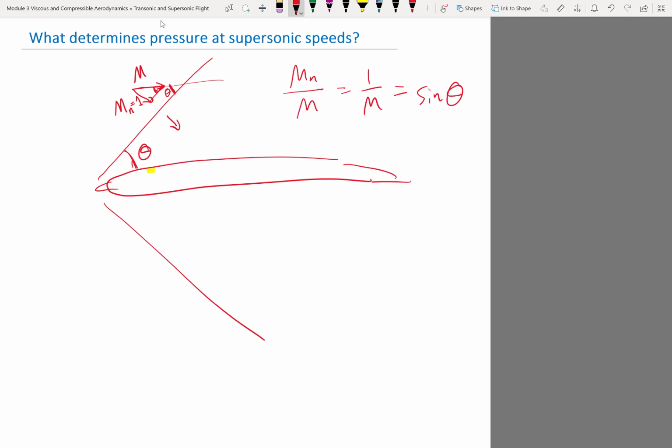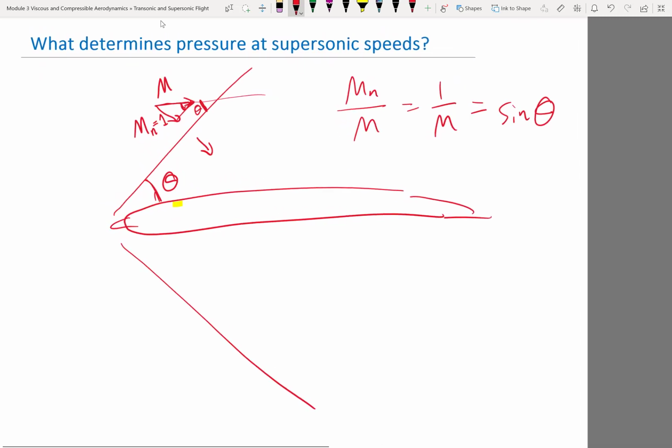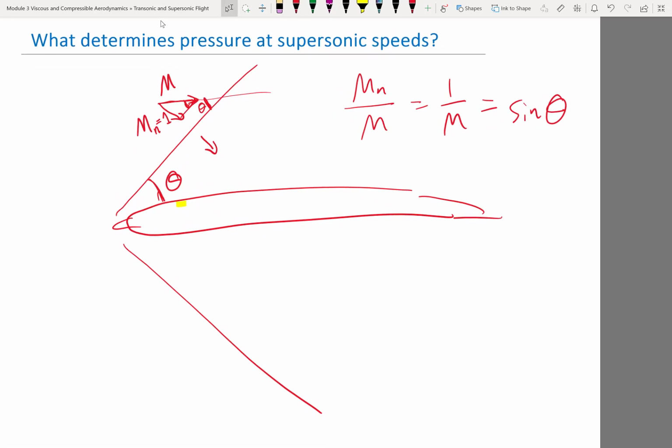Okay, and this analysis can also tell us what actually determines the pressure at supersonic speeds. This has to do with how the flow angle would change after it passes the shock wave.